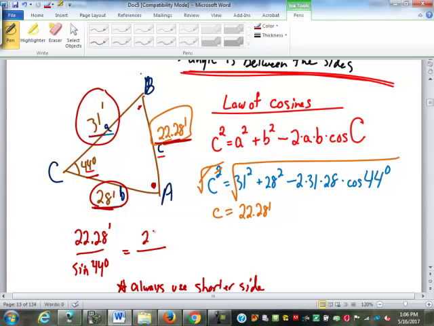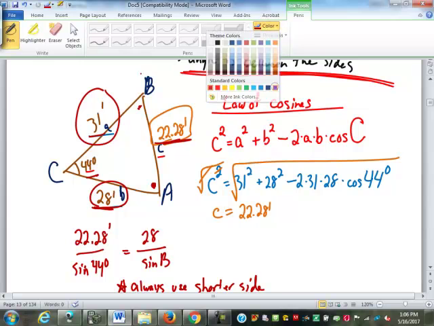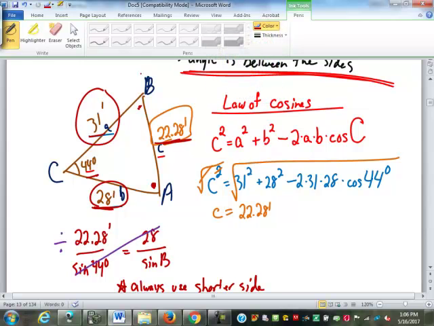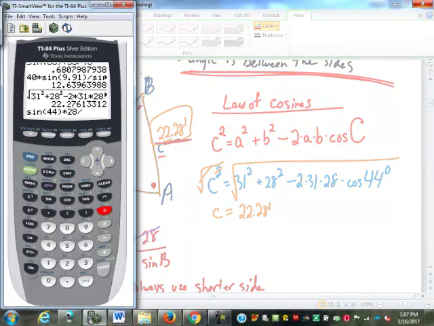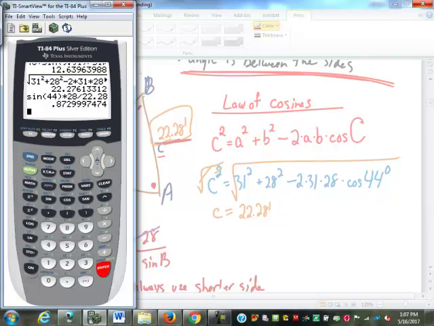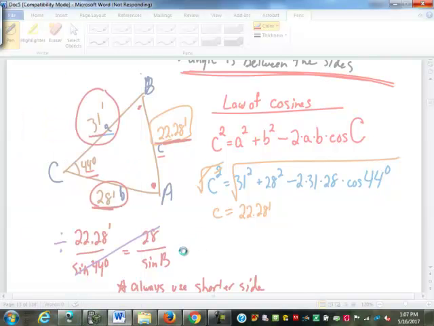So this is going to be 28 over the sine of angle B. We will cross multiply and divide. So sine of 44 times 28 divided by 22.28 gives us 0.8730.